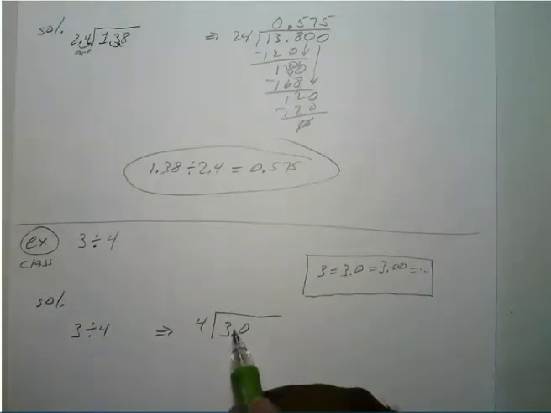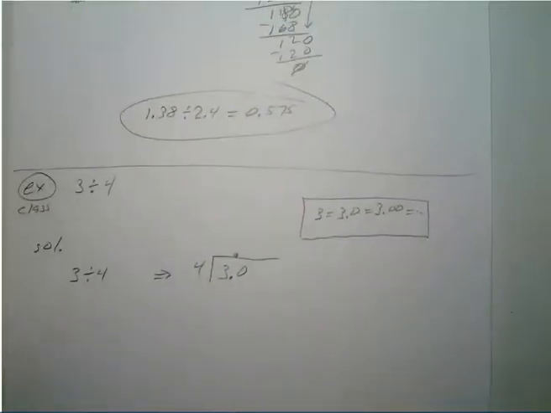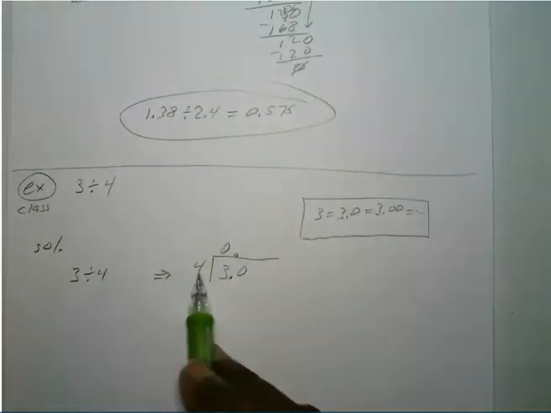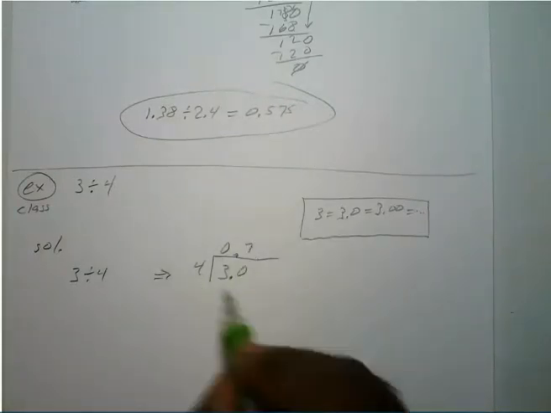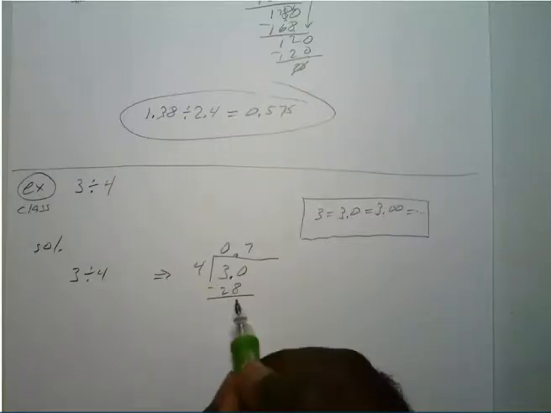And we're going to move our decimal up. Let me slide this up a little bit. All right, so 4 goes into 30. Well, 4 doesn't go into 3, so we put a 0 there. 4 goes into 30 7 times. 4 times 7 is 28. 30 minus 28 is 2.